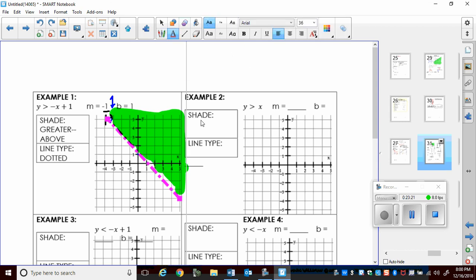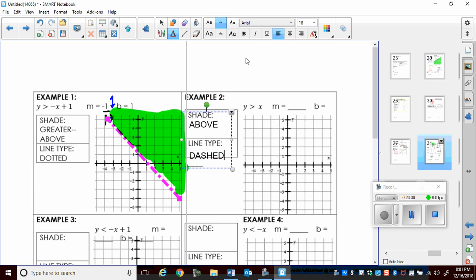Now, for example 2, we're going to have to do some work here, guys. So, which direction do we shade? It's greater than, so I shade above the line. And then the type of line is a dashed or dotted line.